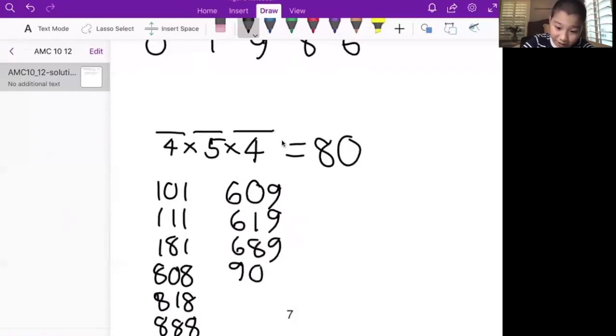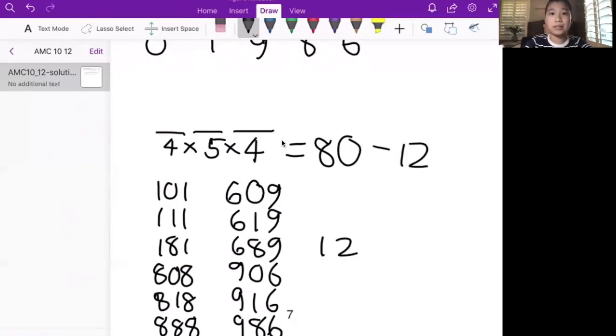Then there's 906, 916, and 986. And after a lot of inspection, you'll find that these are the only ones. 12. So we subtract 12 from this. Are we done? No.